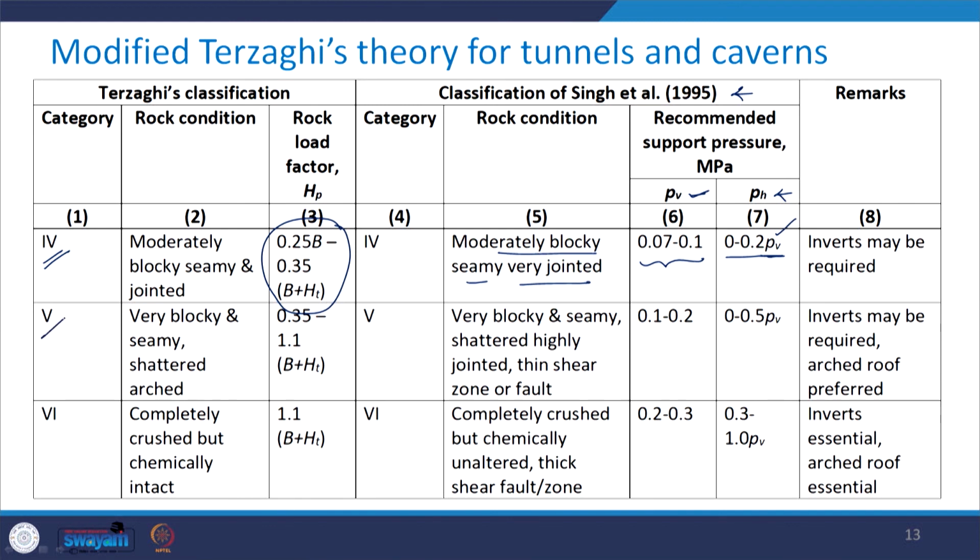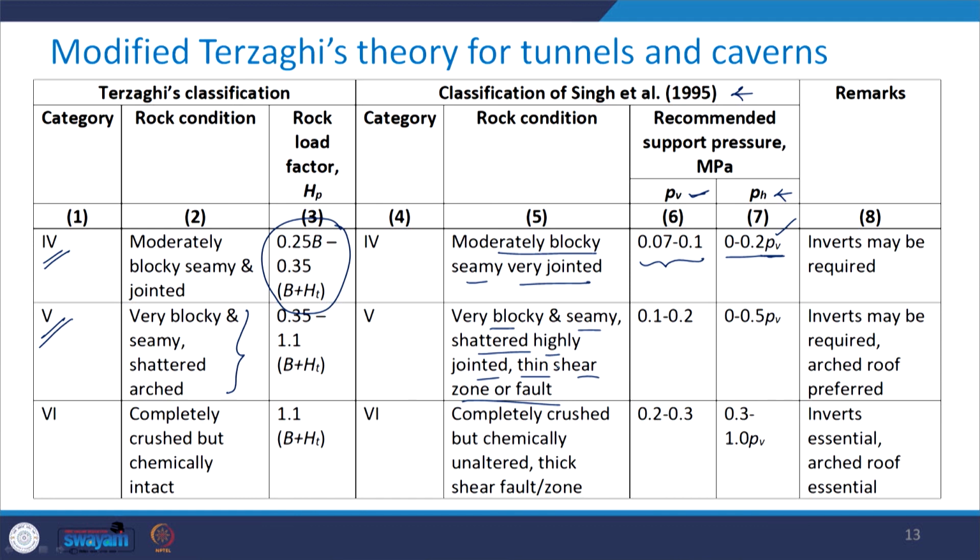Coming to the next category, the fifth one, where you have very blocky, seamy, shattered, highly jointed rock, then thin shear zone or fault. You see that in Terzaghi's classification, the thin shear zone or fault was not included, but that is included in Singh et al.